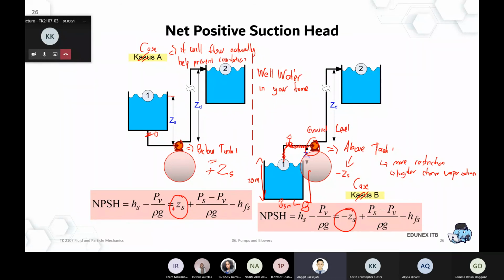So it's easy to operate, control, monitor, and maintain. But the pump will have a higher load because it doesn't just deliver the water, it has to suck the water. That's why it's called suction: 30 meters from the well, it sucks the water to the pump and then delivers. So with a lot of practical considerations, we have to use case B if necessary.